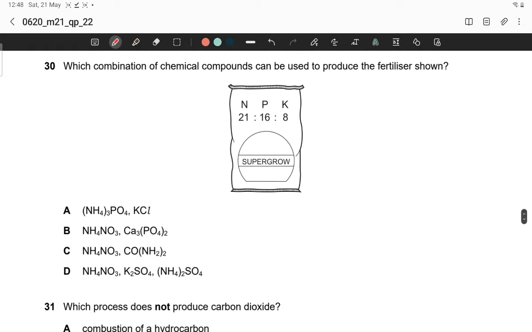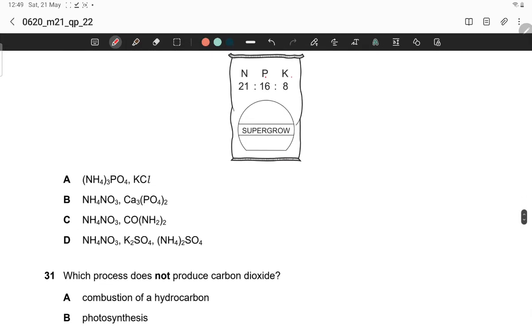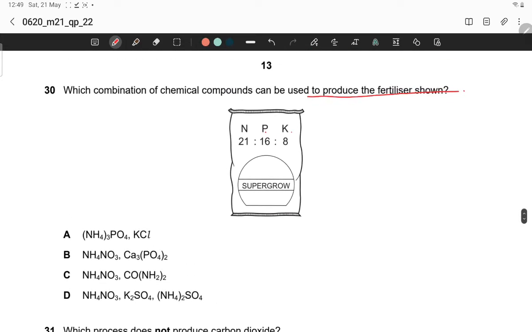Which combination of chemical compounds can be used to produce the fertilizer shown, with nitrogen, phosphorus and potassium? Ammonium phosphate gives N and P, and potassium chloride gives K, so this must be correct.